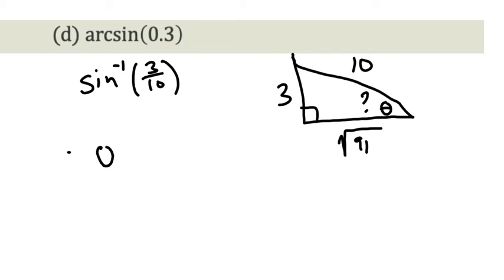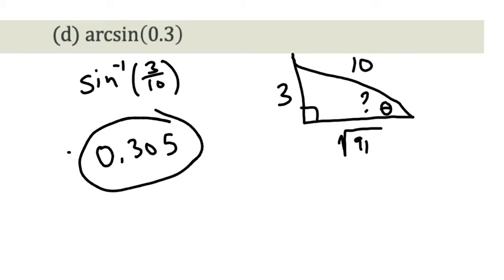We end up getting 0.304692654, so we'll just say 0.305, since our AP test is going to be 3 decimal places, so we can leave it like that.